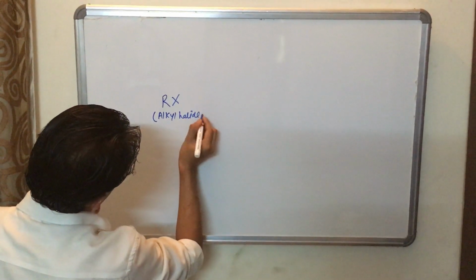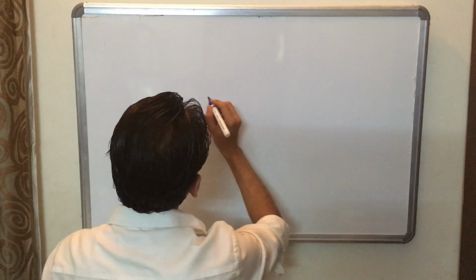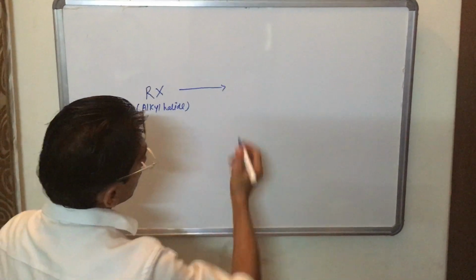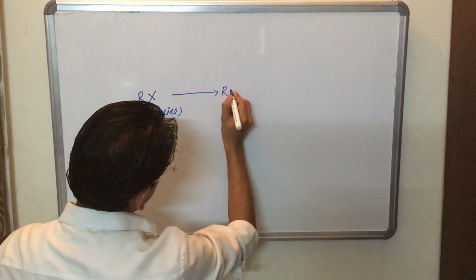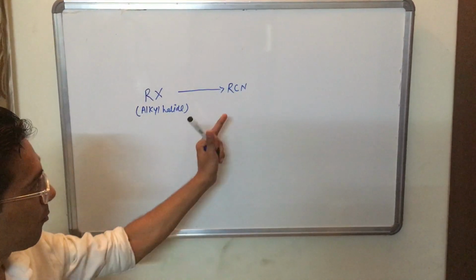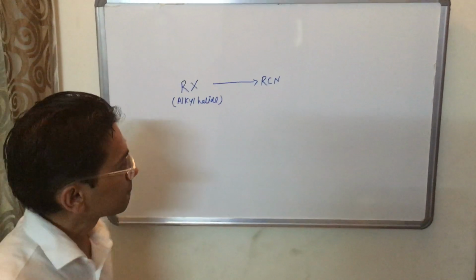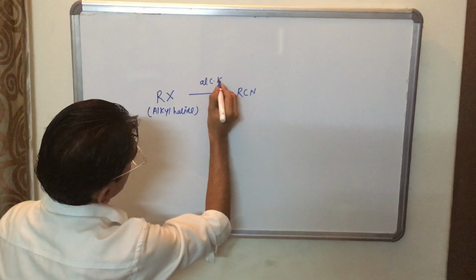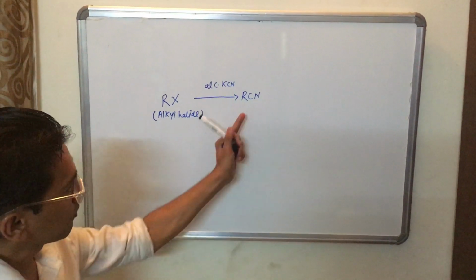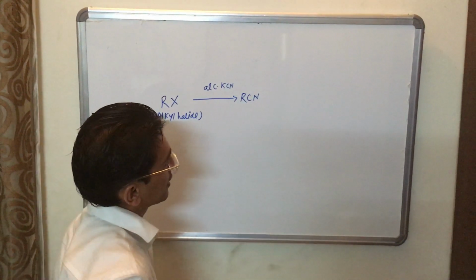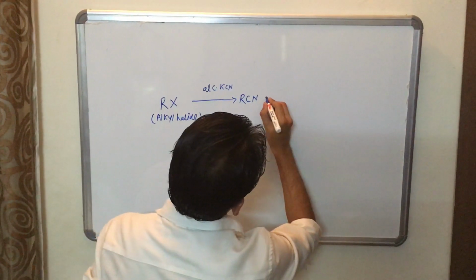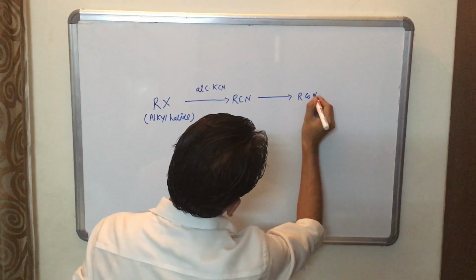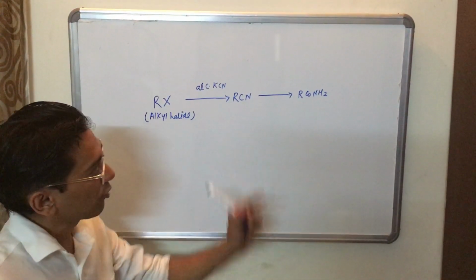If I have to prepare alkyl cyanide, then you have to add alcoholic KCN, and you will get alkyl cyanide. From alkyl cyanide, if you want to obtain amide, then you have to do hydrolysis.